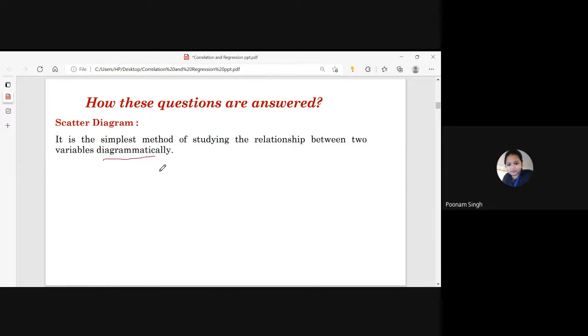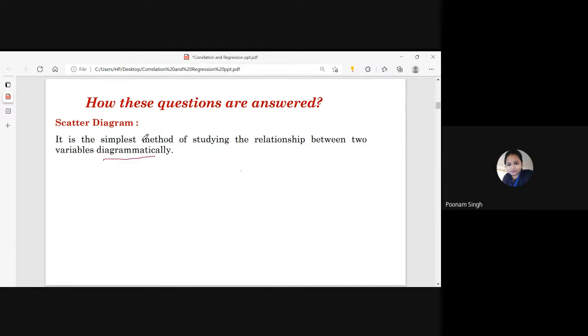Whenever a researcher or investigator collects two series of observations, means observations about two variables, then he wishes to see whether there is a relationship between them. So to see the relationship, he will first of all construct a scatter diagram.